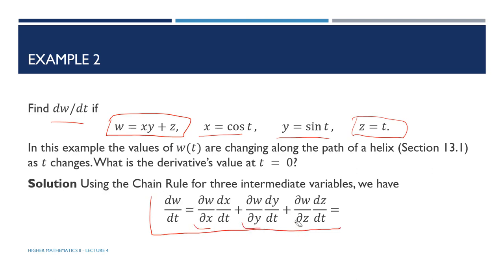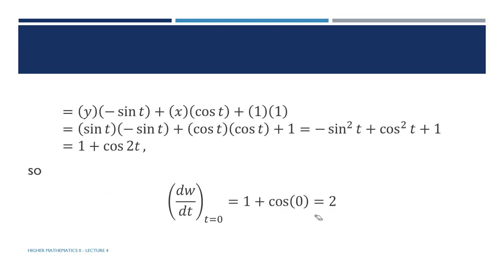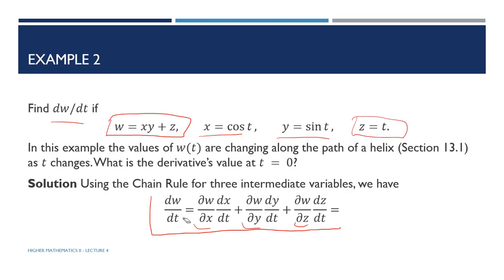So dw/dt equals dw/dx times dx/dt. Just calculate the first term of this sum. The derivative of w with respect to x gives us y, times the derivative of x with respect to t, the derivative of cosine, which is negative sine.